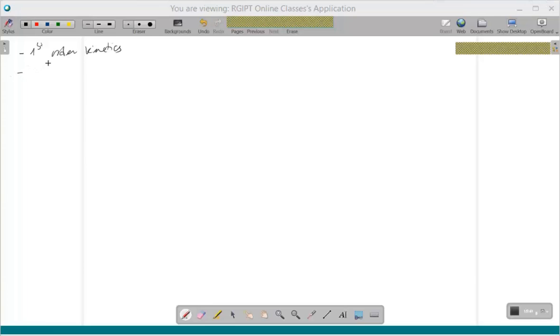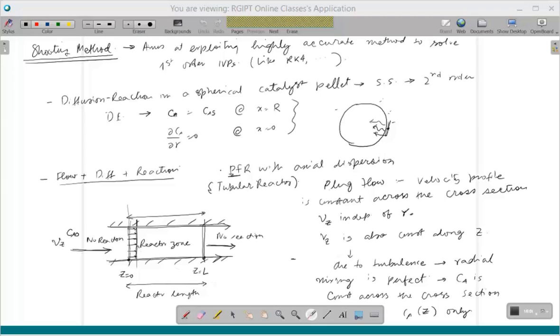That's the problem statement itself, we are going to consider axial dispersion, meaning Ca will be a function of Z. So Ca is not a function of R, but Ca will be a function of Z, which would mean that there will be a dispersion effect along this direction, but not in this direction. If there was perfect mixing in this direction, Ca would have been constant in this direction also. All right, so that is what we are going to assume.